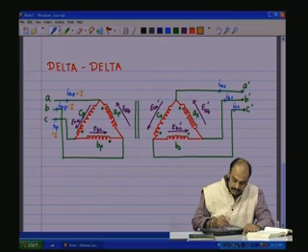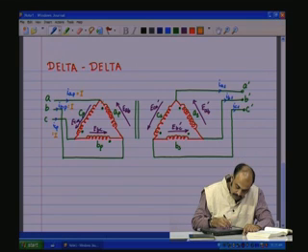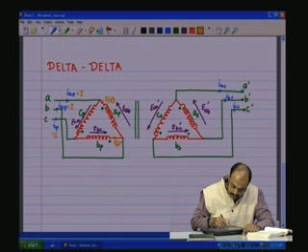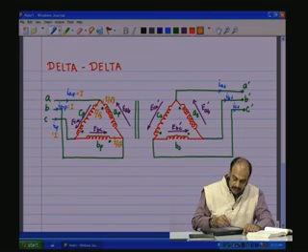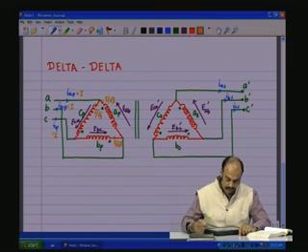Then the phase currents in each of these phases, that is each of the primaries of the single phase coils, would be I by root 3, I by root 3, I by root 3, isn't it? So, the phase currents are I by root 3 each.